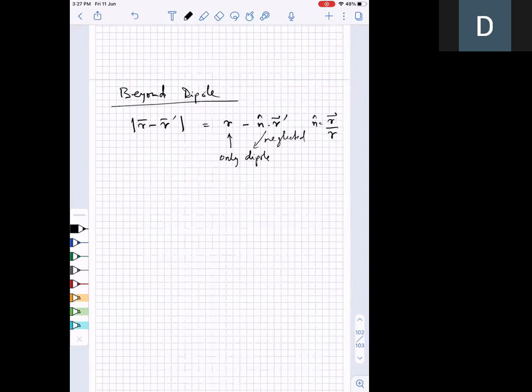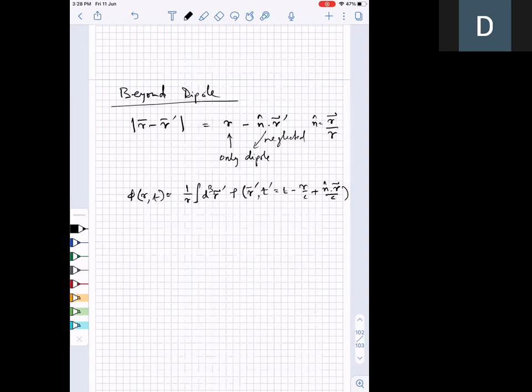Now we have the phi, given by R and T, which is approximately equal to 1 by R integral over d cubed R prime, rho of R prime and T prime, where T prime is T minus R by C plus n cap dot R prime by C. In the dipole approximation, we only took T minus R by C. We did not take into account the second part. That's what we want to take now.